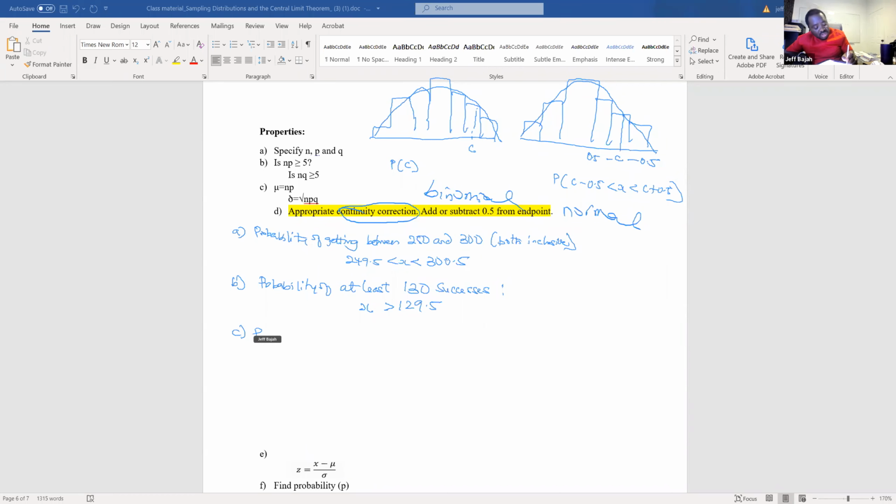Now, what about if it says probability of fewer than 75? What would x be?